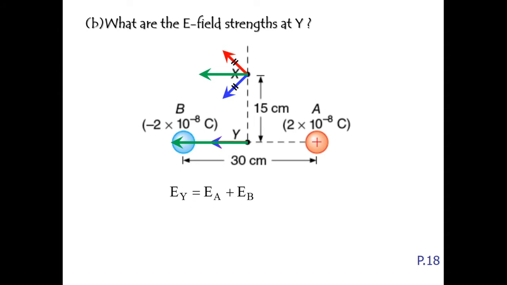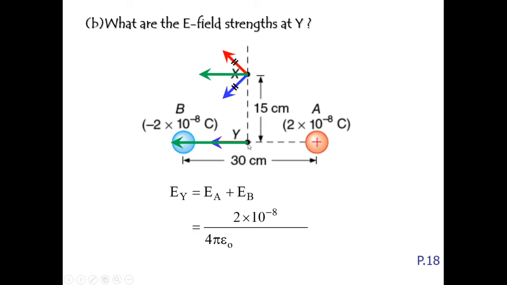So, how to find out the electric field at Y? We can deal with the charges one by one. For the point charge at A, the electric field at Y is equal to the quantity of the charge, 2 times 10 to the power minus 8, divided by 4 pi epsilon naught, and then the square of the distance.